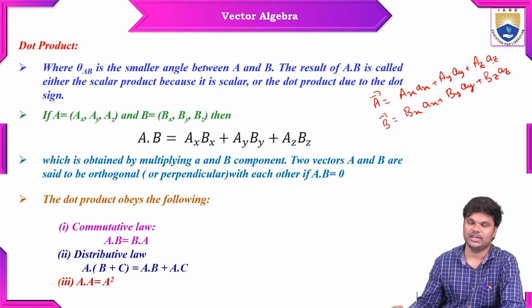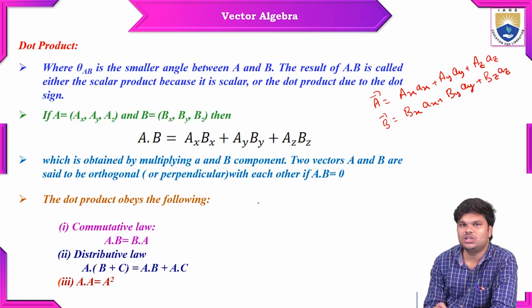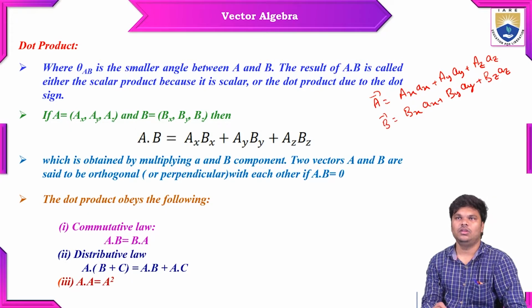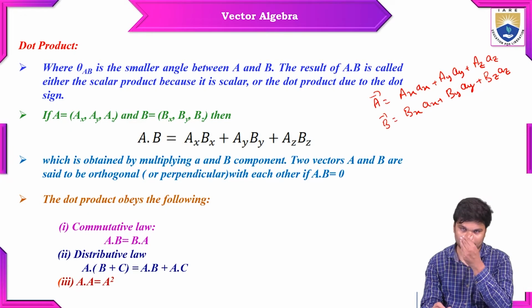If you multiply two vectors which are orthogonal, or perpendicular to each other, then the dot product is 0 because the angle between them is 90 degrees, right?